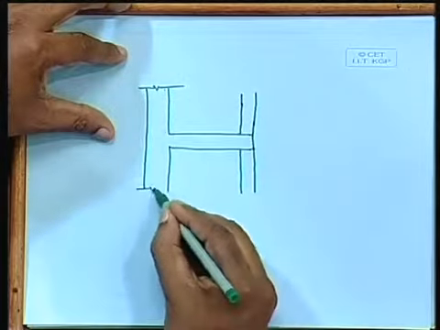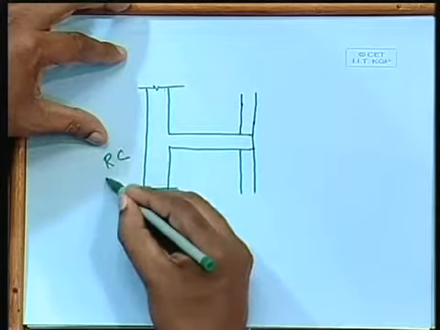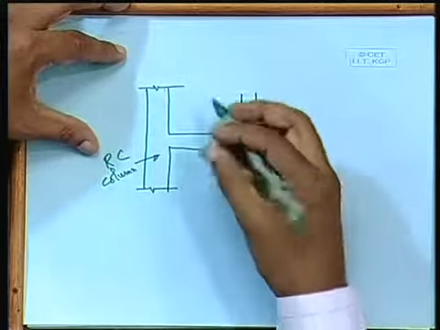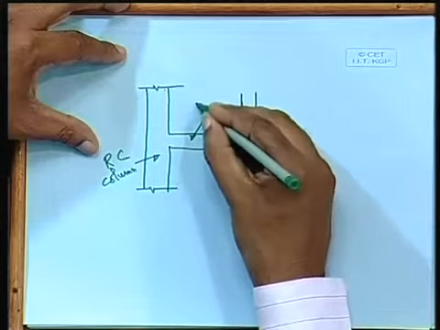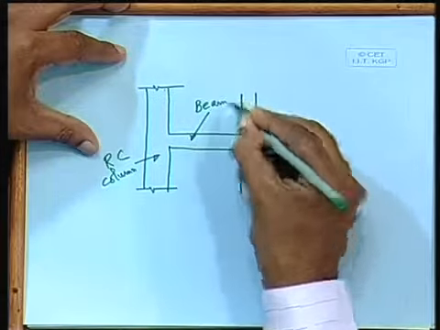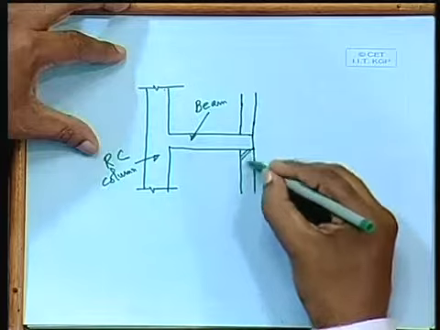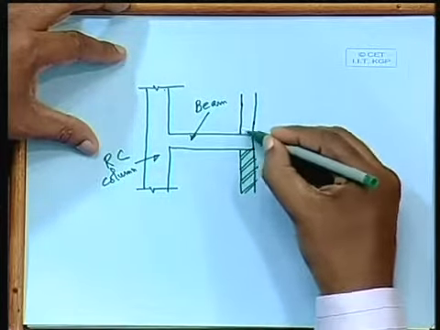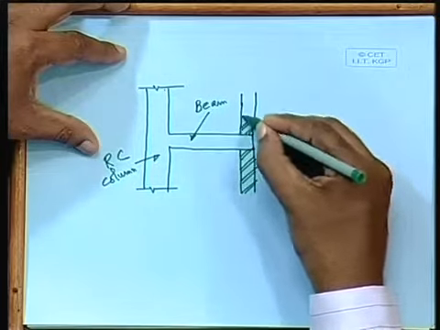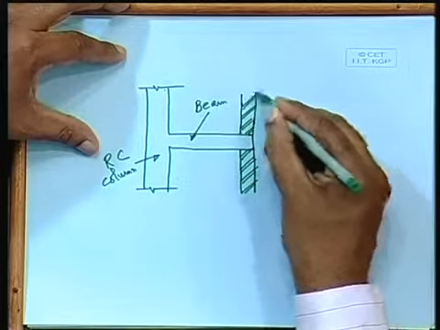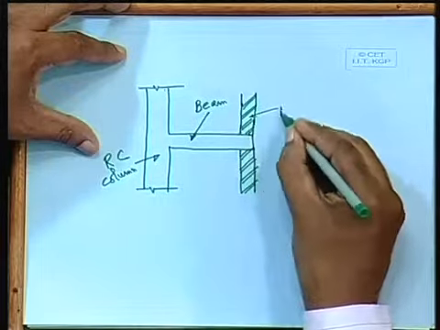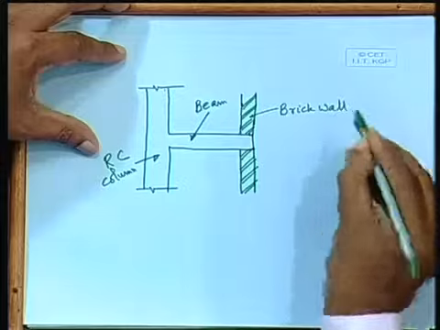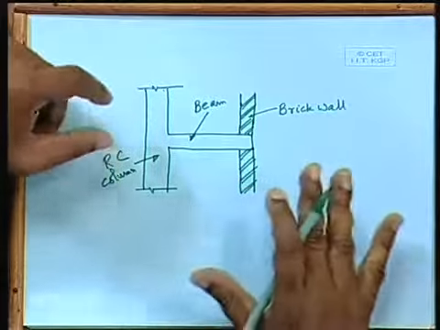So this is your say RC column, this one beam, and this one brick wall. So what is the support condition?